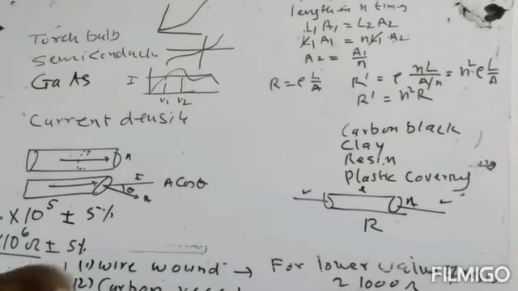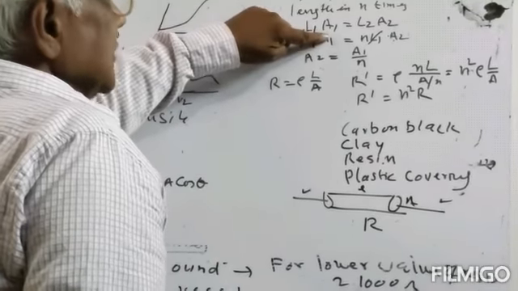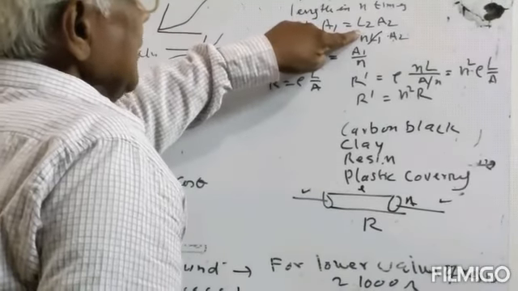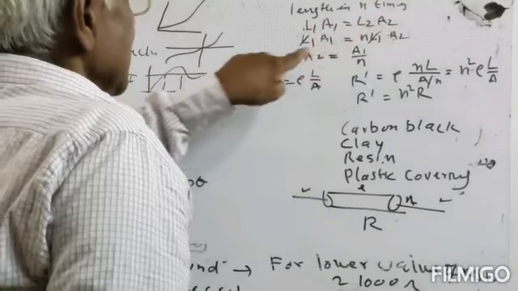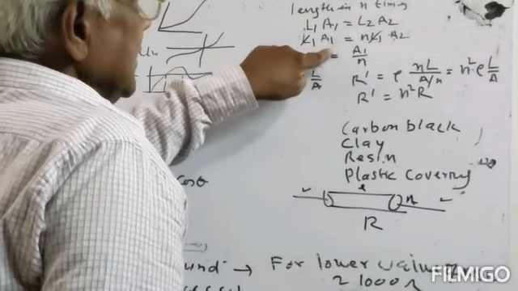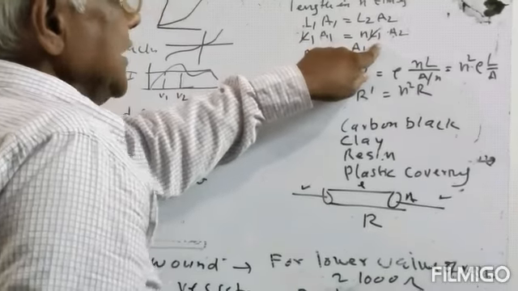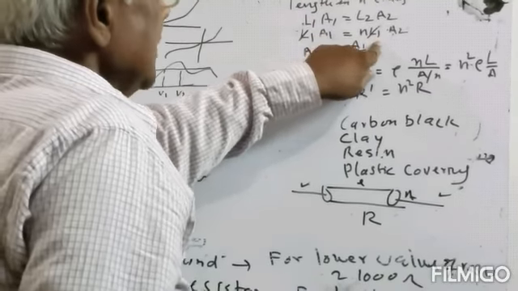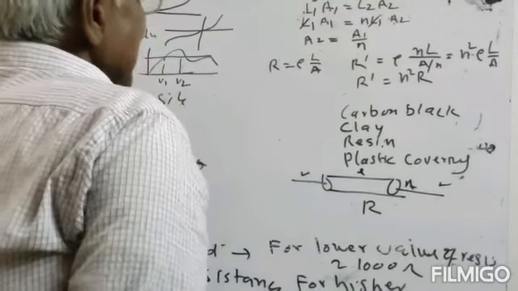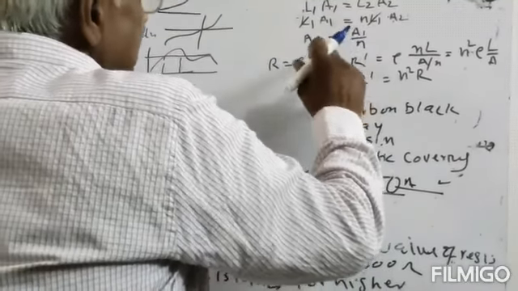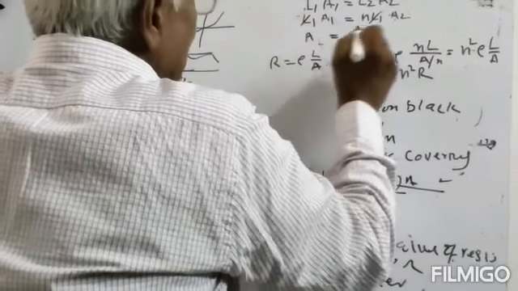Length was L1 initially, area of cross section A1. Now length will be L2 and area of cross section will be A2. Now L1 A1 will be equal to n L1 times A2, because length is n times. We can cancel L, so A2 will be equal to A by n.